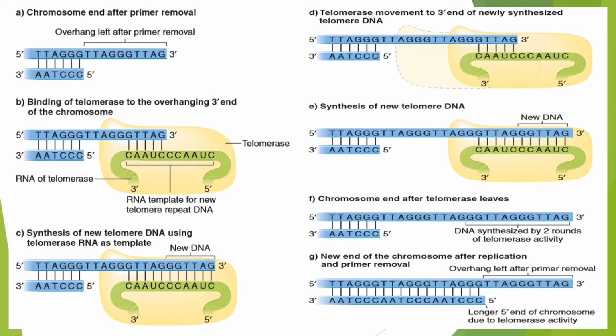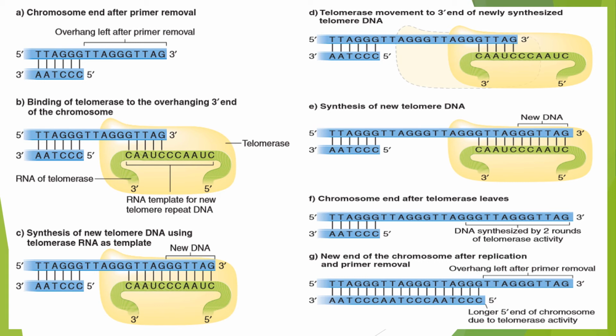Now if you see the second slide, this was our parental gene region. Once it has synthesized this new strand, the telomerase will shift forward. From this location it has moved to this location, and again it is forming complementary base pairing with the newly synthesized strand, and again extending the parental strand towards the 3' end.